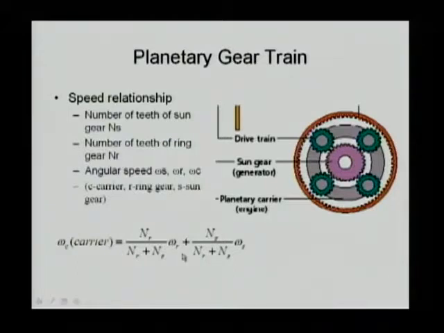That ratio for the ring gear is Nr divided by Nr plus Ns, where Nr is the ring gear number of teeth and Ns is the sun gear number of teeth. So the sun gear coefficient is Ns divided by Ns plus Nr. The ring gear portion is Nr divided by Nr plus Ns. That's how you summarize the speed. Whenever the carrier is moving, its speed is equal to the summation of the ring gear and sun gear speeds, each with a coefficient. Let's move on to the next slide.